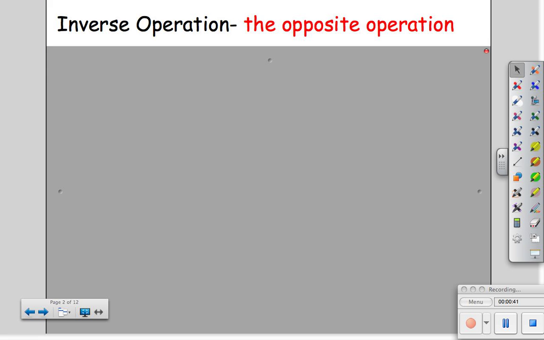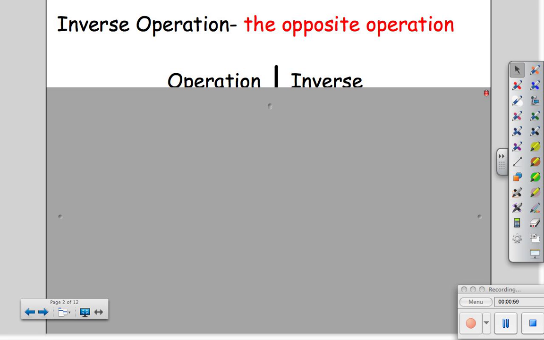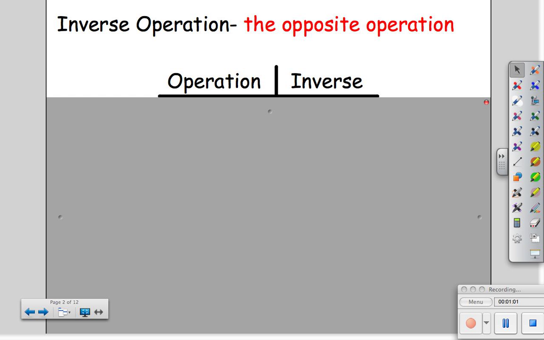The first thing that we have to do is talk about a little bit of vocabulary, and we're going to discuss inverse operations. This is something I'm going to talk about a lot this year, the inverse. You'll hear me ask that a lot. What's the inverse? The inverse just means the opposite. So on the left we'll have the operation, on the right we'll have the inverse.